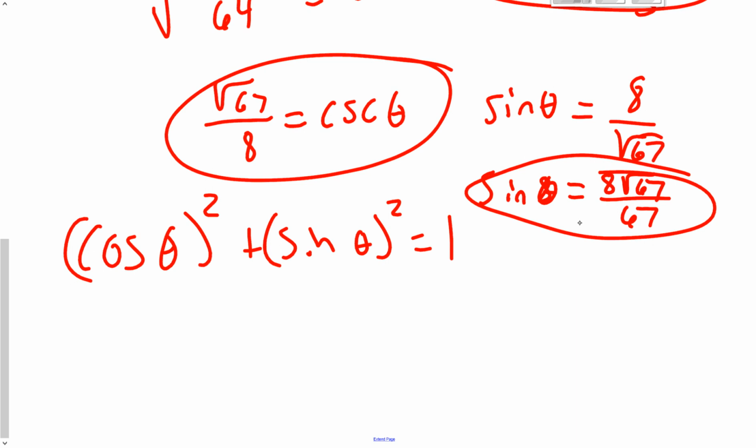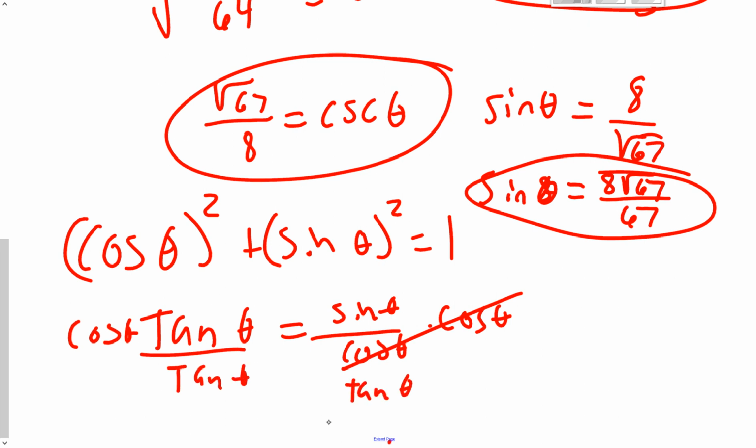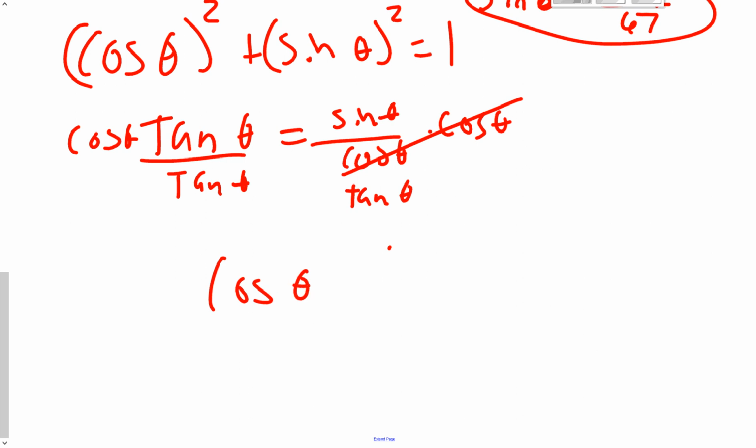Here you're going to have to square 67, so that doesn't sound fun to do because I don't know that off the top of my head, and if you do, that's awesome, so you can do it that way. But I'm going to use tan of theta equals sine of theta over cosine of theta and solve for cosine, which you multiply by cosine on both sides, right? And then divide by tan. So cosine of theta equals sine of theta over tan of theta.